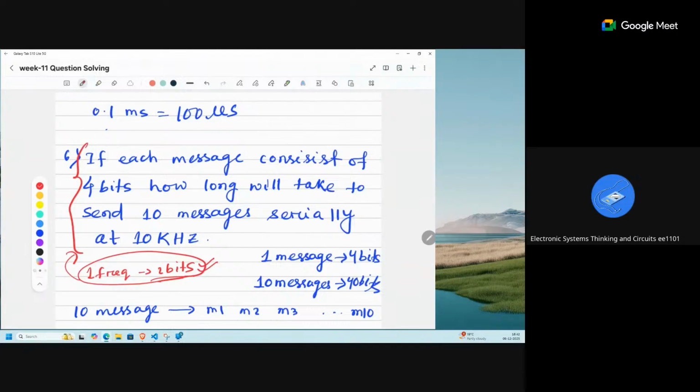So that depends upon your question, what it is given. Without going through the question directly, we cannot say that.